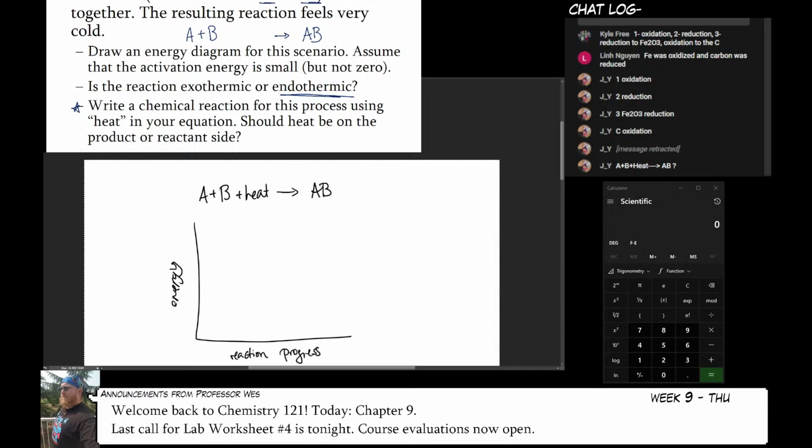And so we're going to be adding heat to our reaction. So that means that A plus B must start down here. And when it's done, it'll be up here. And the heat that is added would be this much.